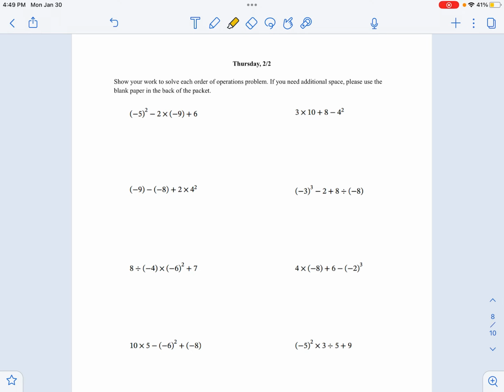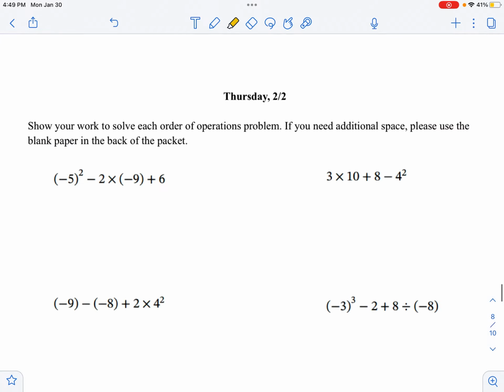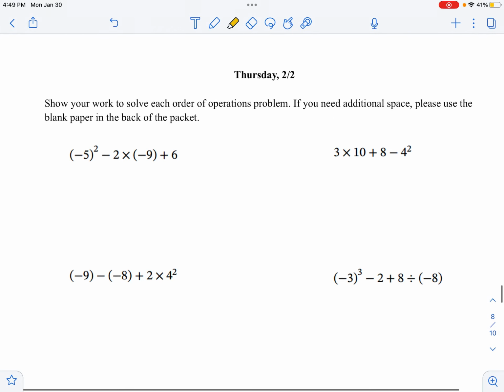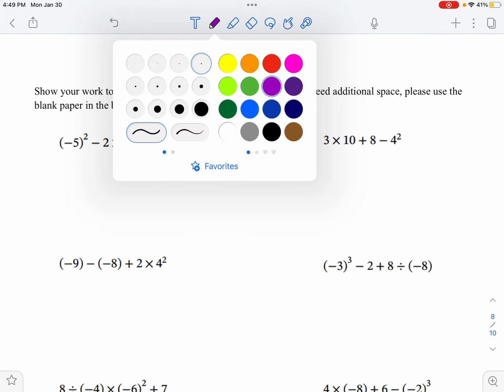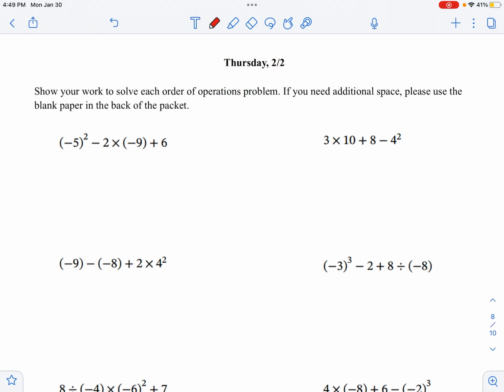Thursday night's homework is all about the order of operations. I'm going to do one example here so that you can see exactly what I'm expecting from you. When we have an order of operations problem, and you can definitely use a calculator for these, like -5 squared minus 2 times -9 plus 6, we always want to follow PEMDAS.